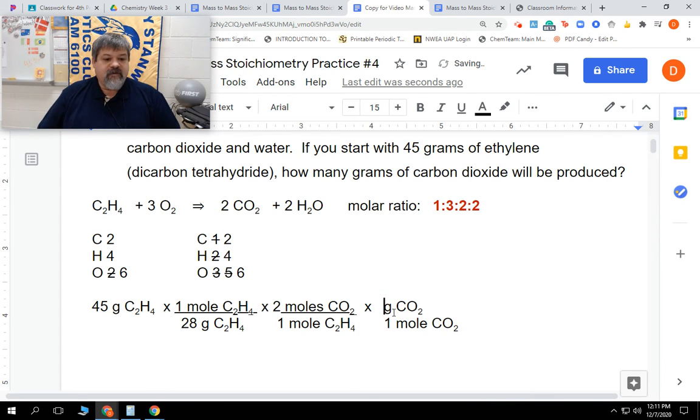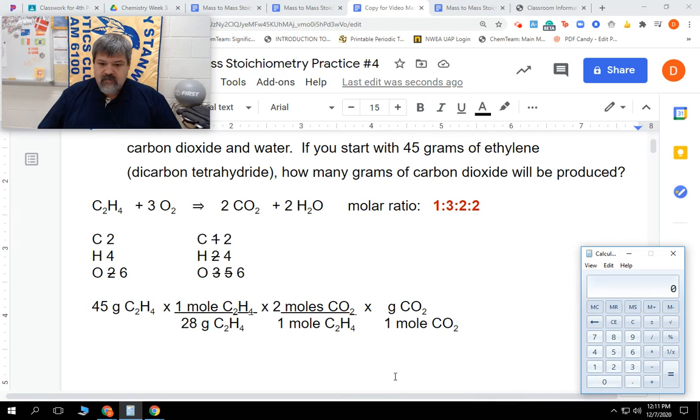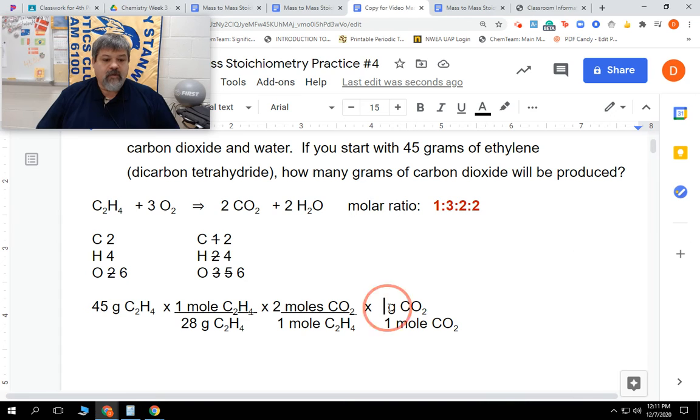Okay, now how do we figure out the molar mass? Again, we're going to add 1 carbon and 2 oxygens. So again, 1 carbon is 12, and then we're going to add 2 oxygens at 16 each, and that will equal 44. So we're going to put 44 grams.